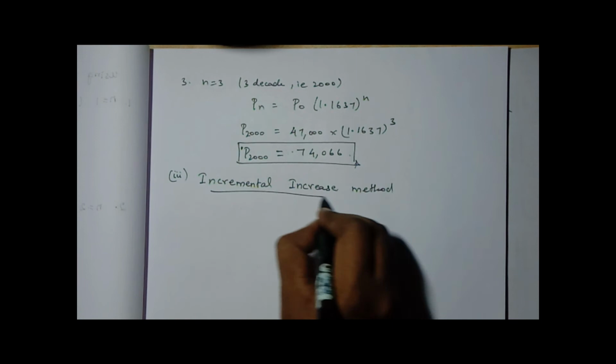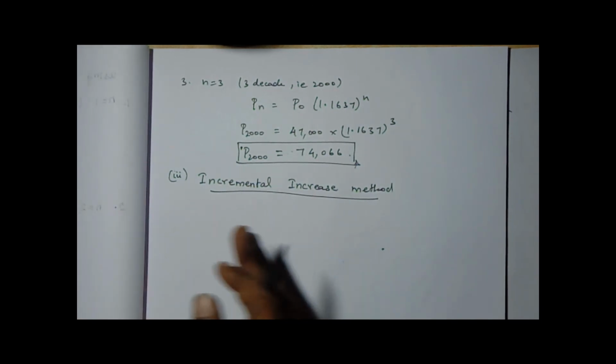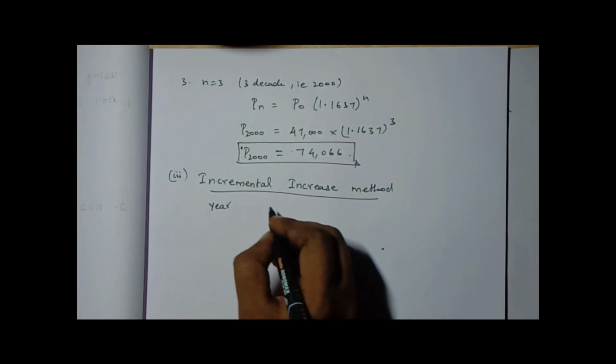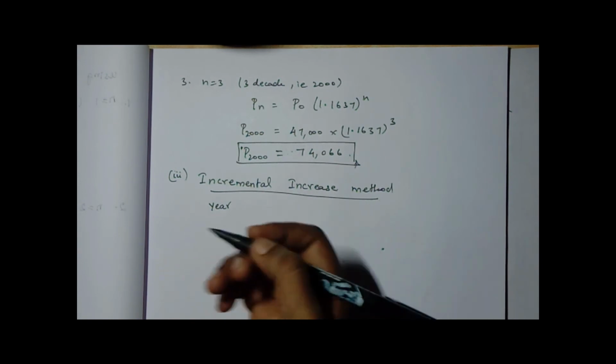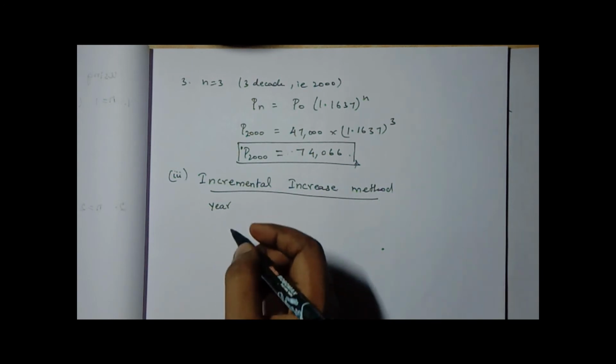So let's see the incremental increase method. Similarly, for each and every method we have used a tabular column. For the incremental increase method also we have to use a similar tabular column to find the incremental increase.